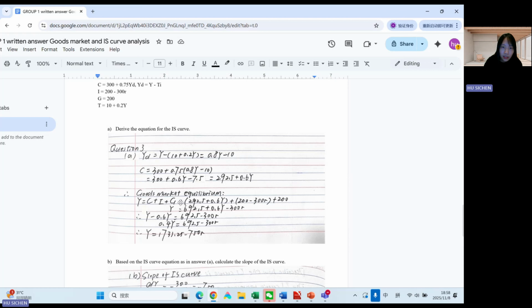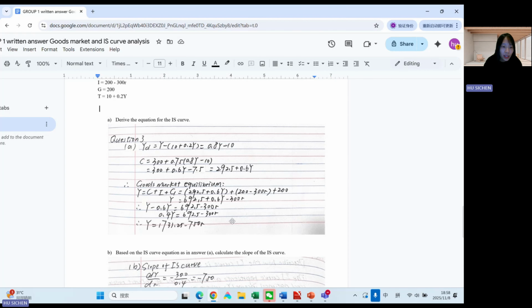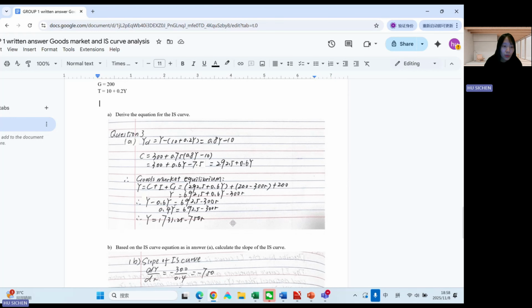Now, in goods market equilibrium, we can use the equation Y equals C plus I plus G. Then we can get this equation. Simplifying this, we get 0.4Y equals 692.5 minus 300R. So finally, the IS curve equation is Y equals 1731.25 minus 750R.